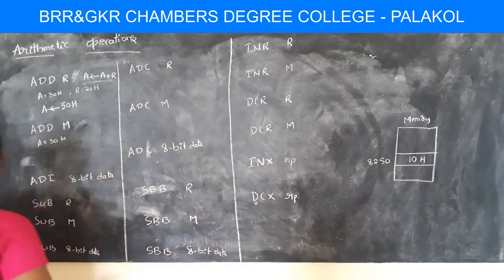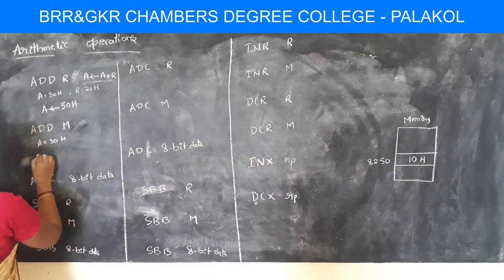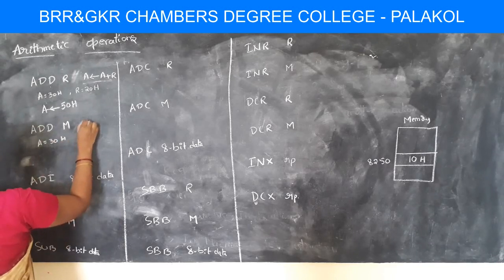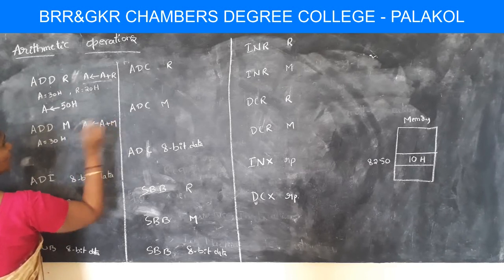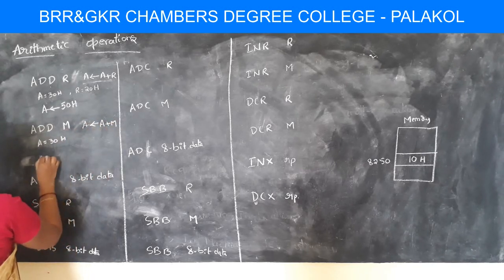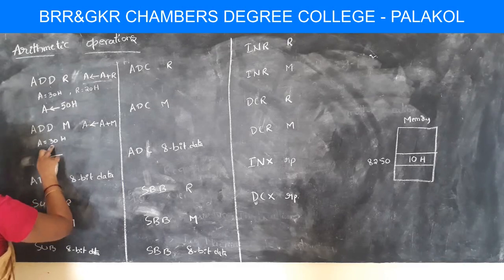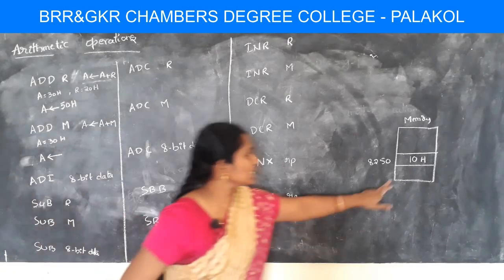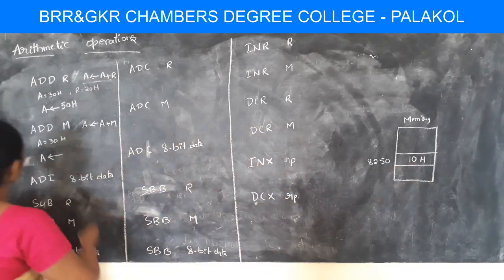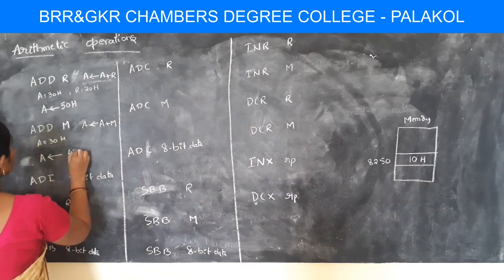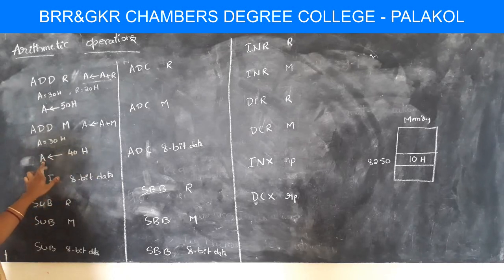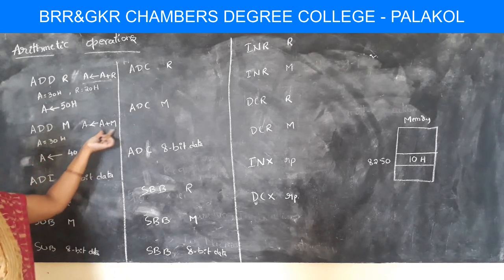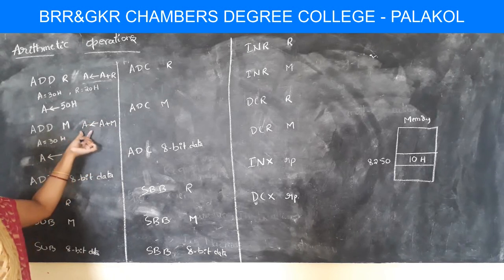Therefore the meaning of this instruction is A tends to A plus M, that is 30 plus 10, totally 40H. 40H is stored in the accumulator. That means adding these two gives 40 and the result is stored in the accumulator.